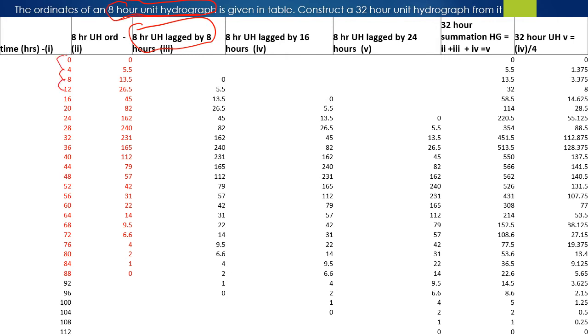That means we have the data for every 4 hours, but we can lag the hydrograph only from 0, then from 8, then from 16. That means multiples of 8, the duration of the unit hydrograph given. You need not lag the curve from 4 hours. That is not the duration of the unit hydrograph, and that will make the process tedious.